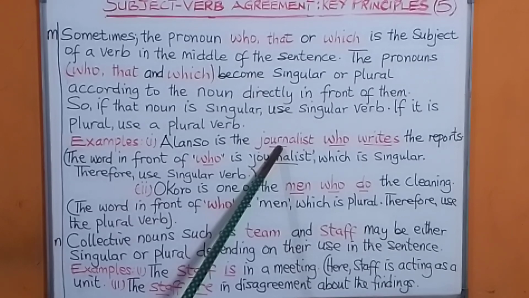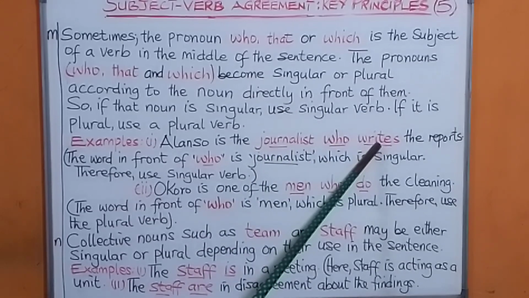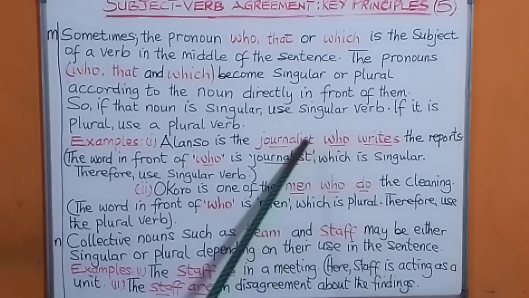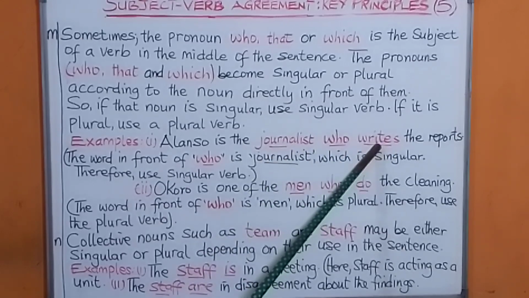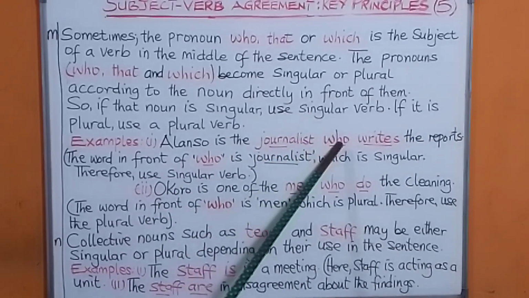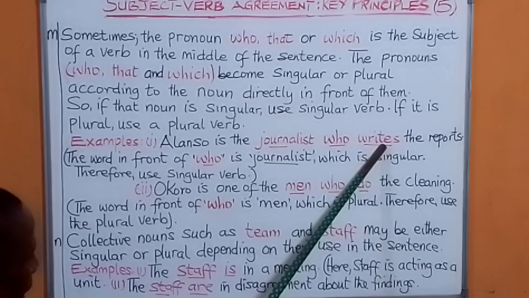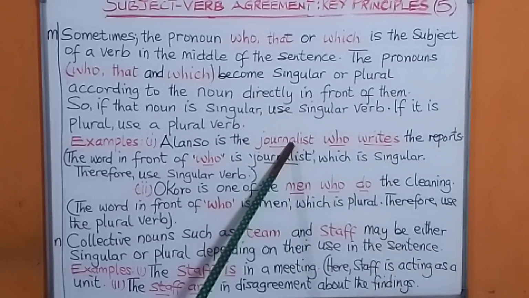And so, even though you have who, you are going to put a singular verb there. Alonso is the journalist who writes. This is a singular verb to match with the journalist who.